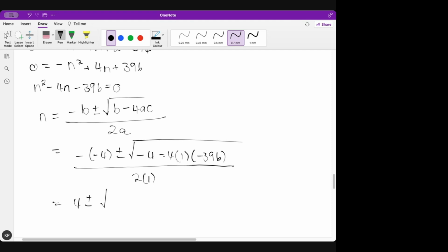Okay, now I need a calculator for that whole situation that is under the square root. So first I'm going to say negative 4 times 396, minus 4, 1580 over 2. Can I have the square root of 1580, please?